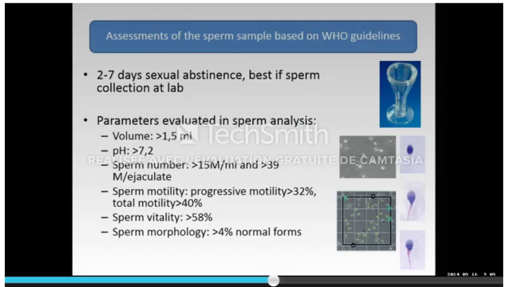And as you can see, we evaluate sperm motility. So when you do manual assessment and evaluate living cells which are moving, it can be quite hard to be very precise.